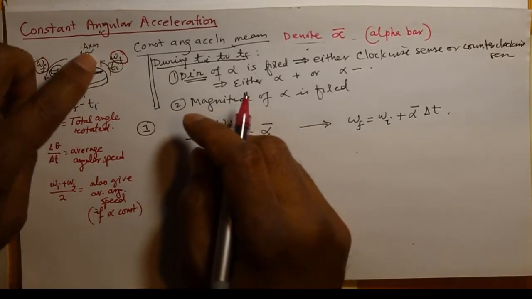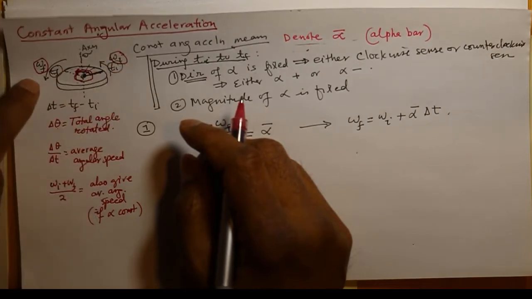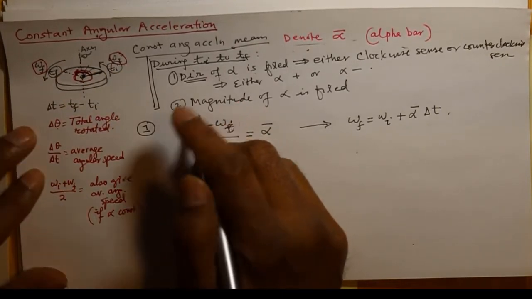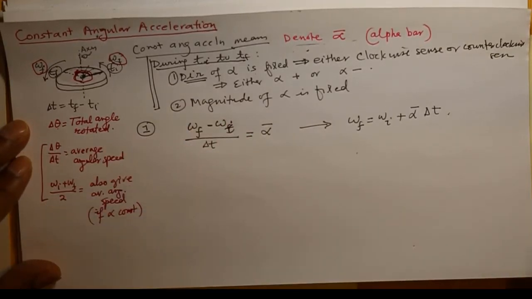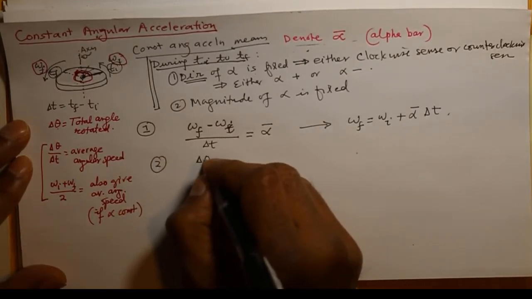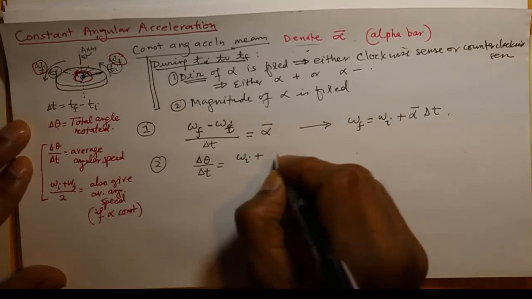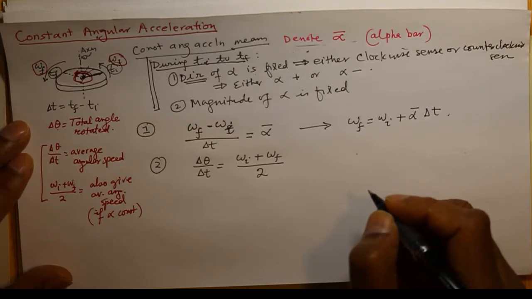If it's changing steadily from that angular speed to that angular speed, then the average will also be like that. So equating these two gives me the second equation: delta theta over delta t is omega i plus omega f over 2.